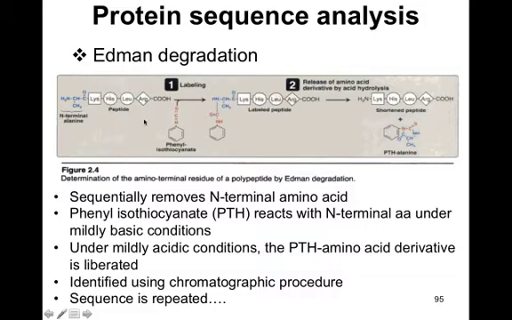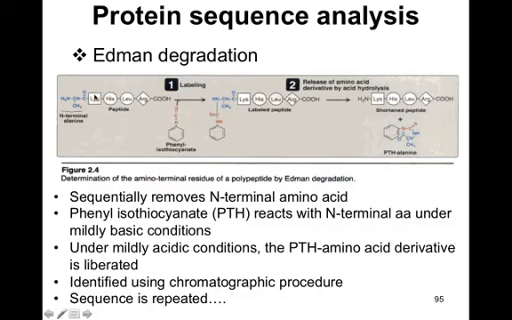So it forms a cyclic derivative of that particular amino acid, which is then liberated, or broken off, using mildly acidic conditions. So it really breaks off that particular derivative of phenyl isothiocyanate.